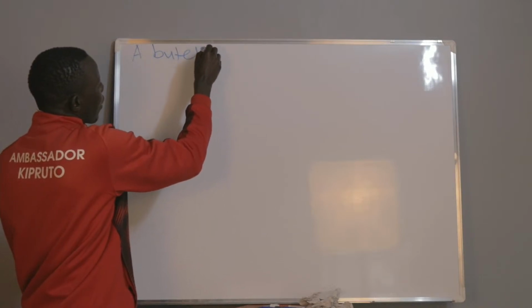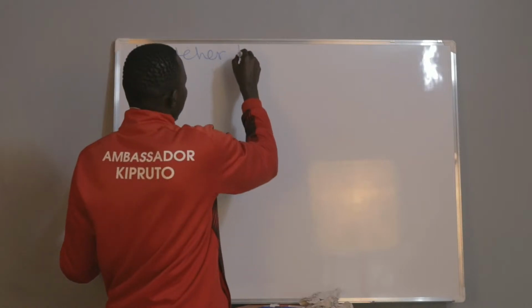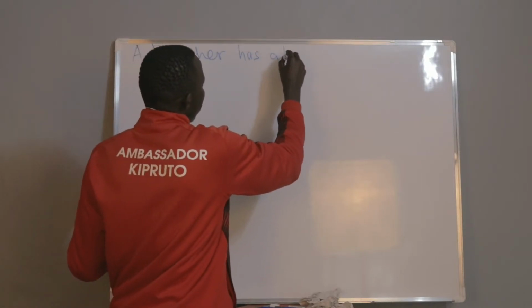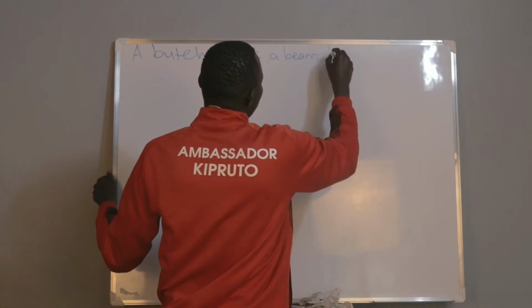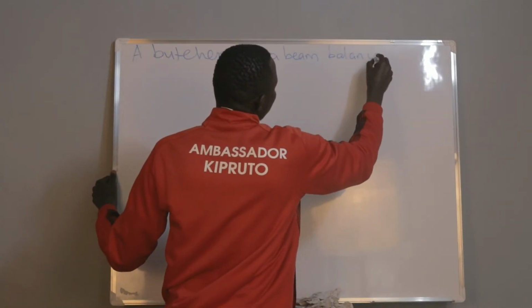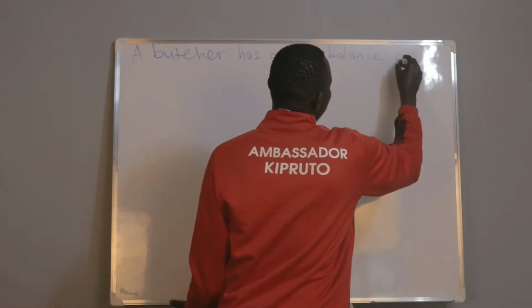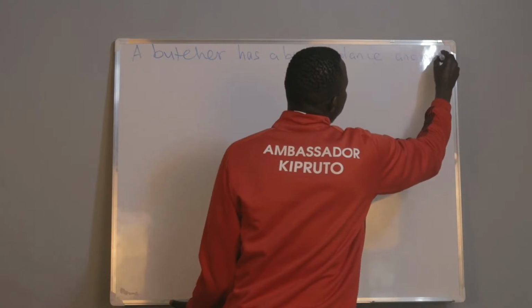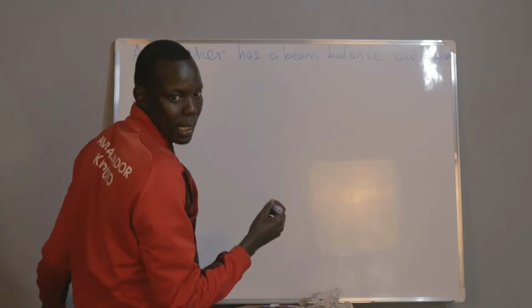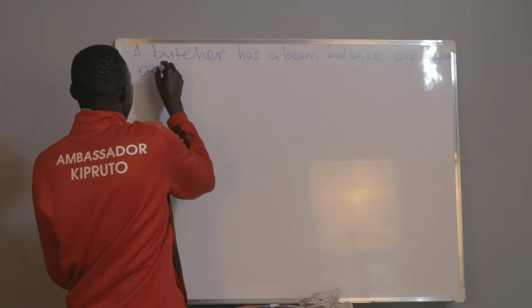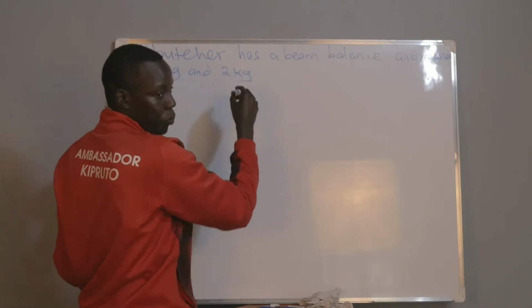Can you comment on the YouTube if you can see that we are writing: a butcher has a balance and masses 0.5 kilogram and 2 kilogram.